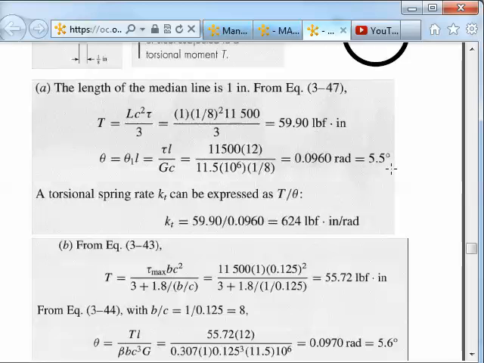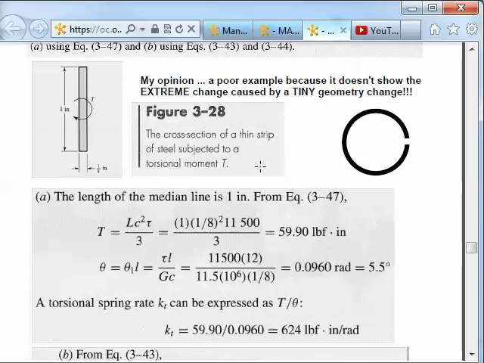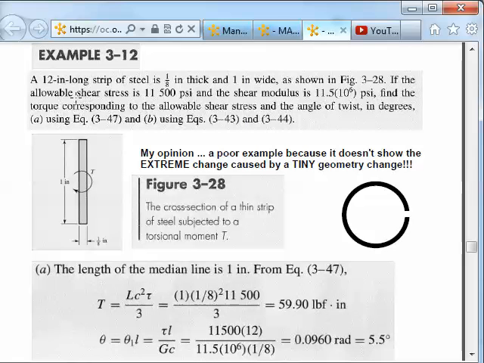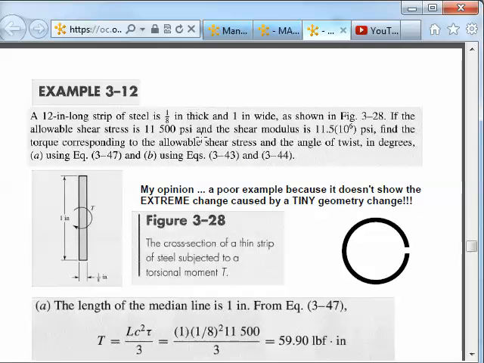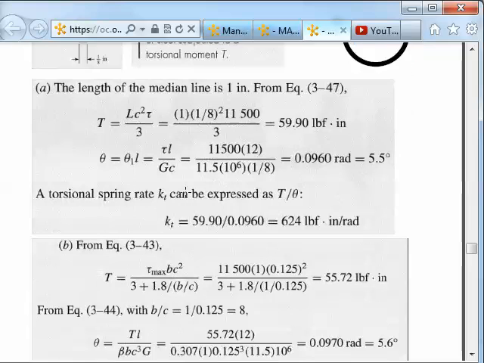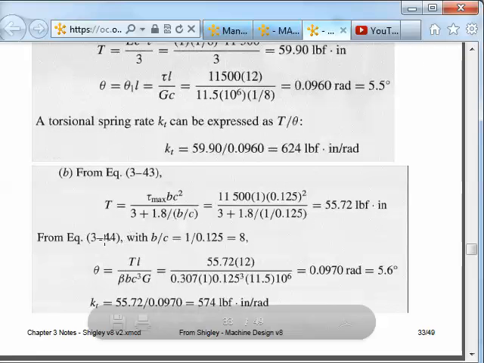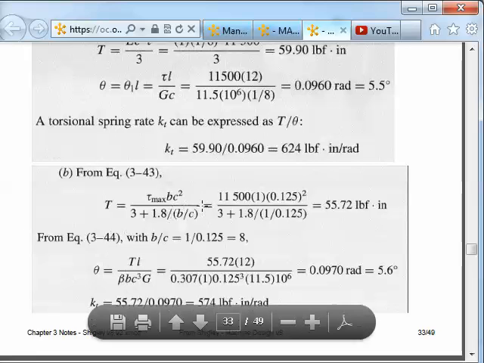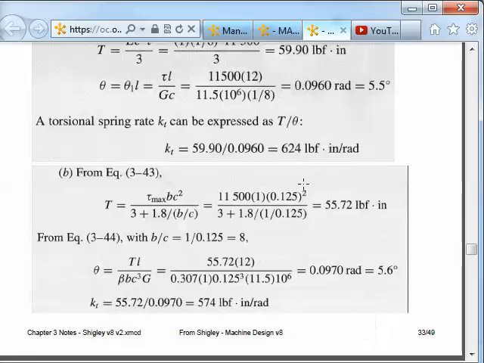Okay, now, I don't think they said it in the problem. Did they say calculate a torsional spring rate? Okay, well, a spring stiffness for a linear spring would be pounds per inch or something like this. And spring rate for a rotational system would be something like inch-pounds per inch or something like that, or torque per radian in this case, if we're not going to go with degrees.